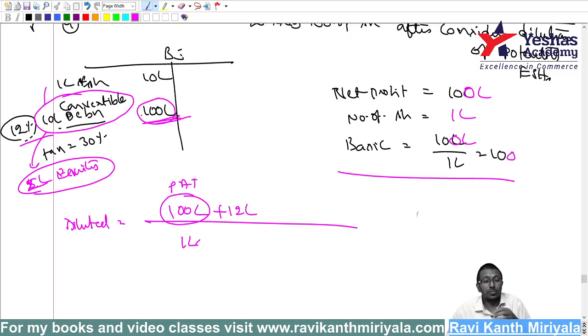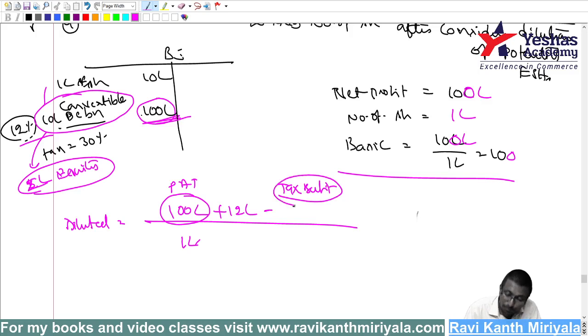When I don't pay interest, my profit goes up by exactly the interest amount. But at the same time, I will lose the tax benefit also. You have more income, so you have to pay more tax. How much more income? 12 lakh, so 12 lakh into 30% is 3.6 lakh more tax. Plus, if it is converted, how many new shares would have come?